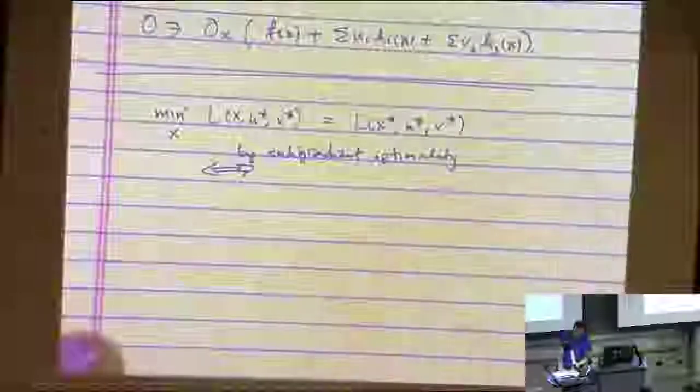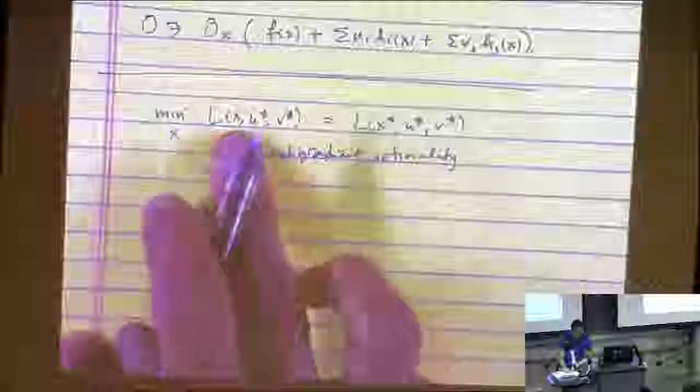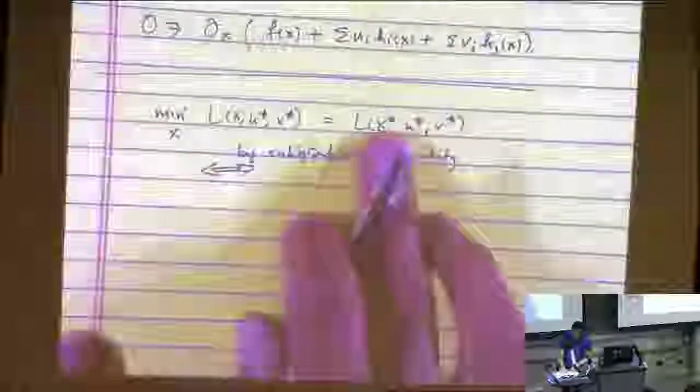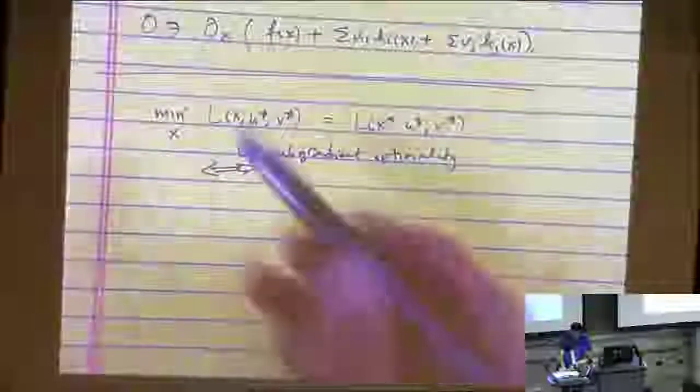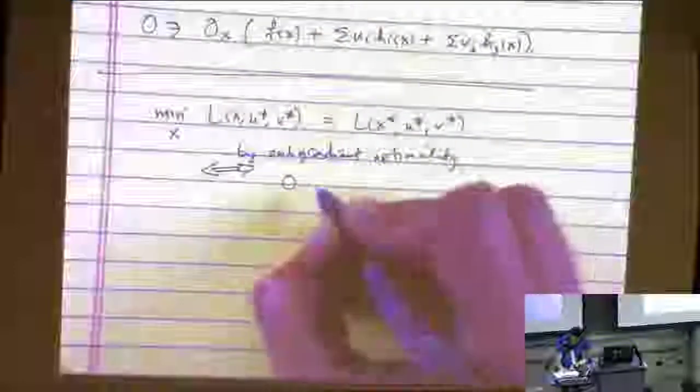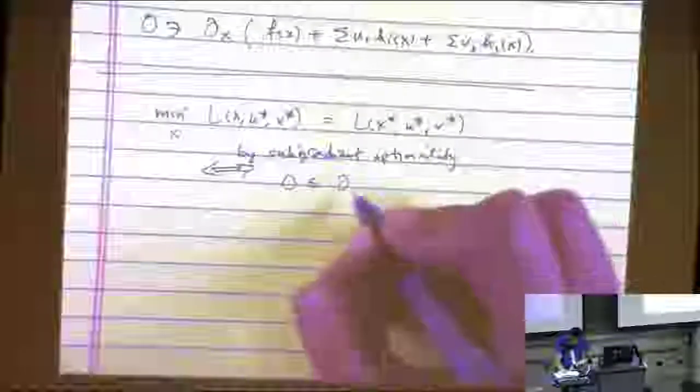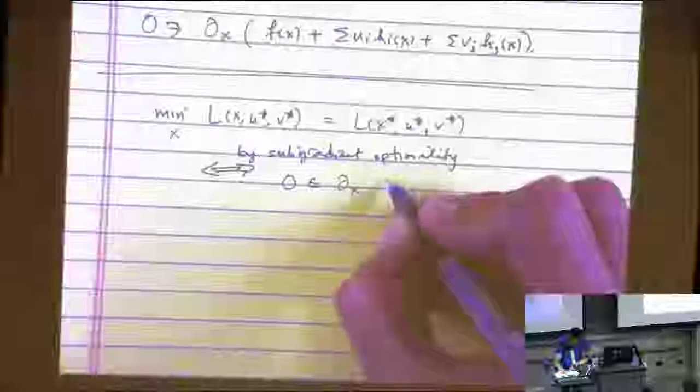If we just put stars on everything, this is now a function of x. Think of u star and v star as fixed. If it's minimized at x star, we know that's completely equivalent by subgradient optimality to the subgradient of this containing 0.